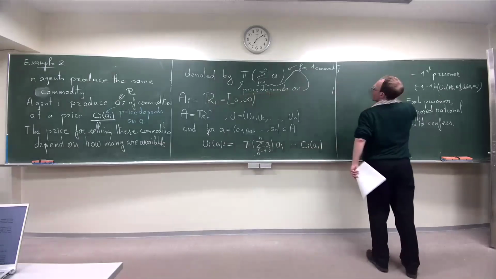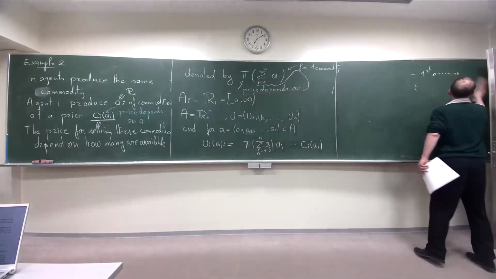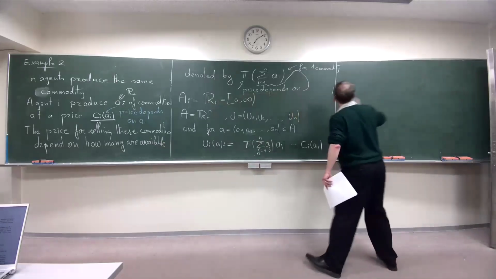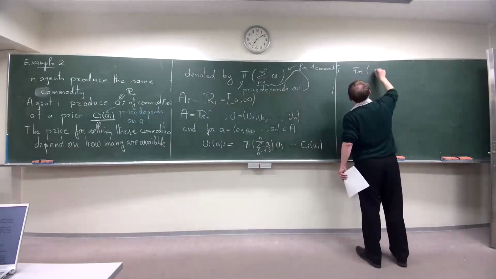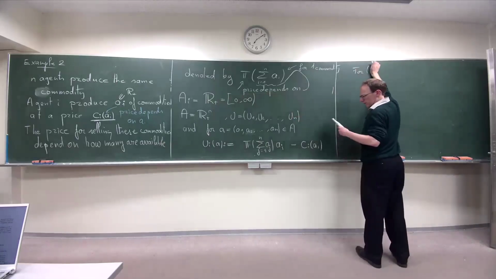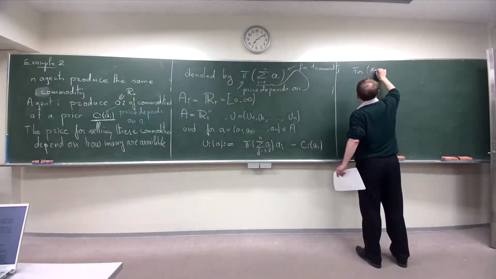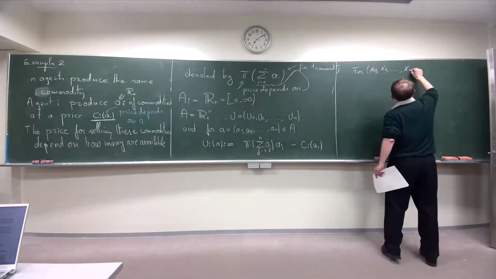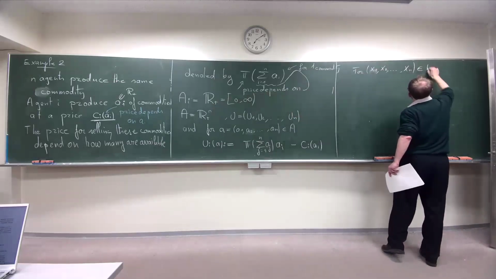Before the third example, let me just introduce a notation which is very convenient. If you have a vector, if you take n numbers, let's take x1, x2 up to xn, an element of R^n.